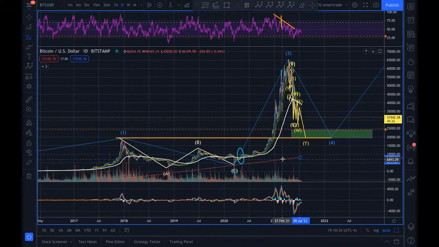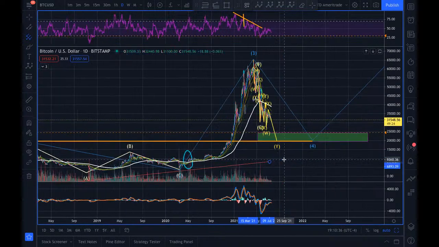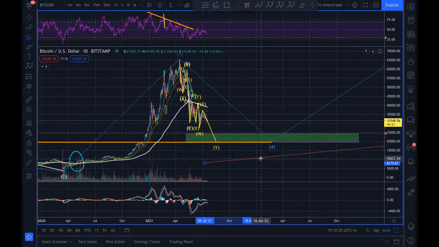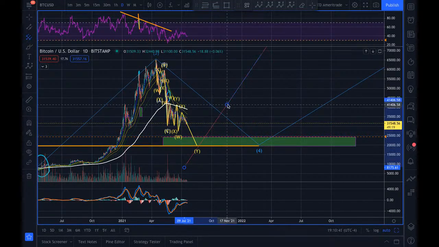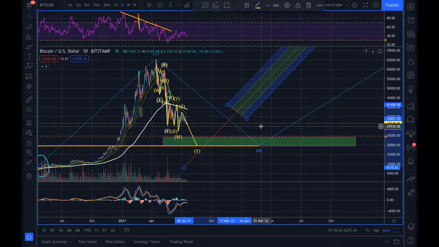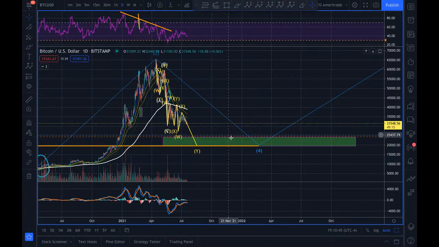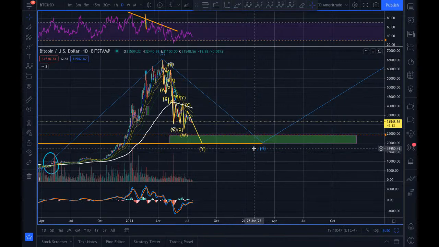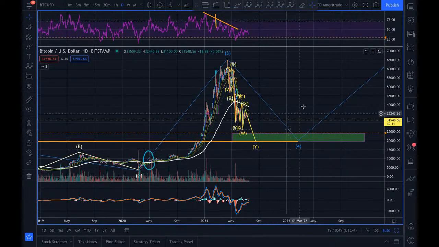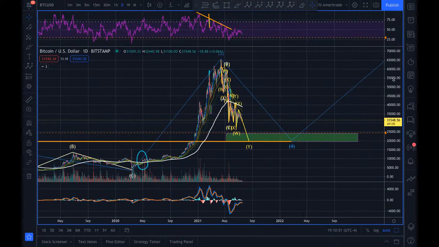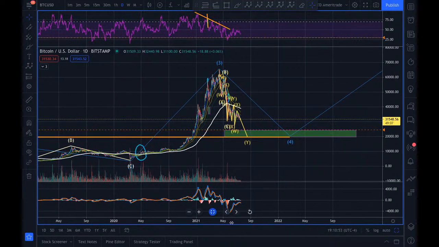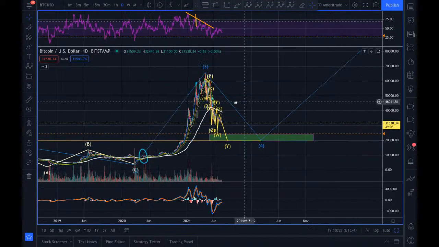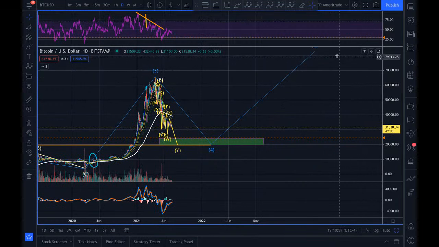But that's usually not what I'm looking at. So once it bounces off 20, if we start seeing 5 subwaves up, then it looks like I've already measured this out. And it looks like the next wave I'm thinking will go up to around 80, maybe 82,000.